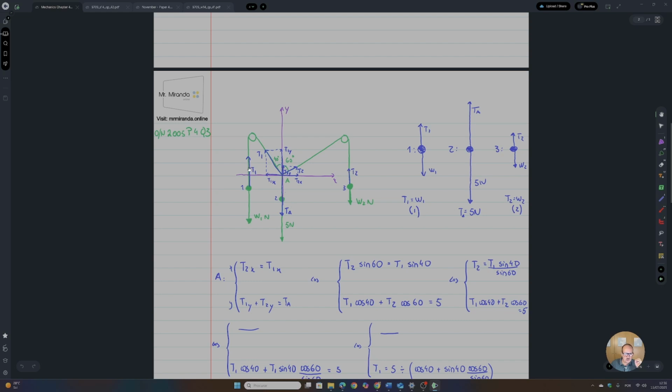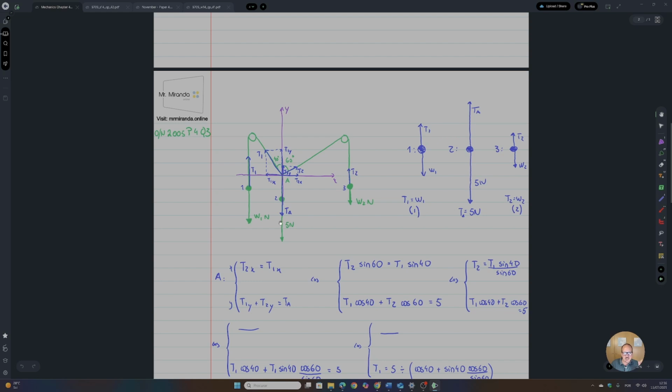You also have these two in blue, but yeah, here on point A, the forces that matter are the ones represented in blue. So this tension A over here is applied on particle 2, all right? The one that you see here is the action-reaction counterpart, so it is a force of equal size but opposite direction that is now pointing down. This one is applied in A, all right?